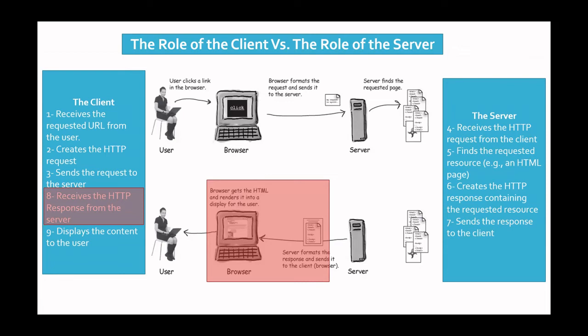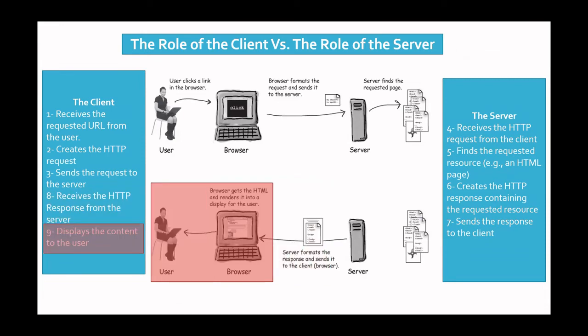The browser is supposed to interpret the code and represent it to the user. Okay. So that is the final task, to present the final form or the formatted version of the requested resource on the body of the page, so that the user can see.